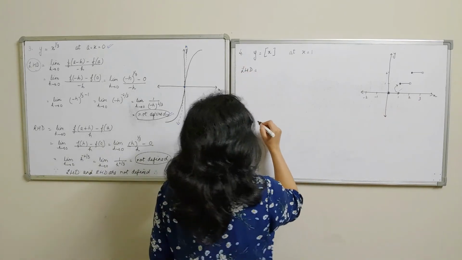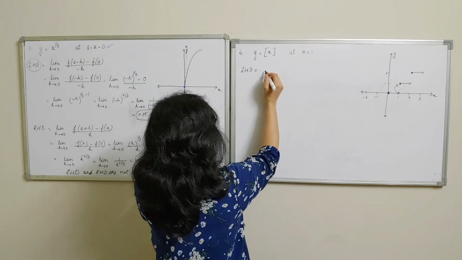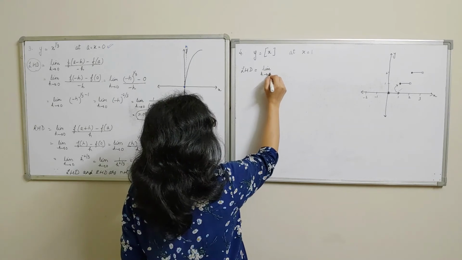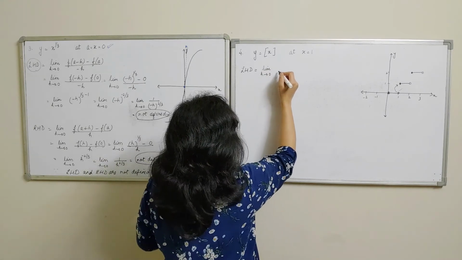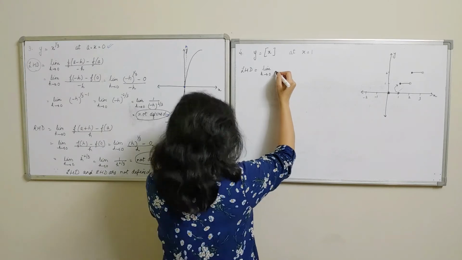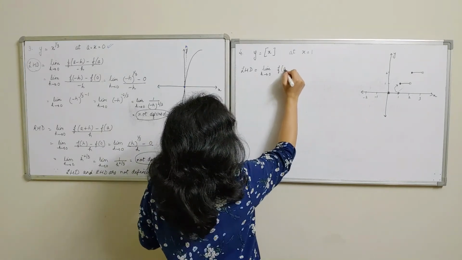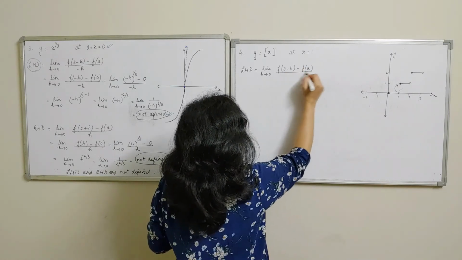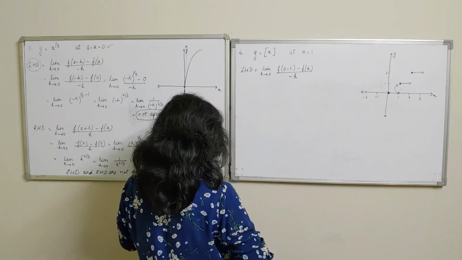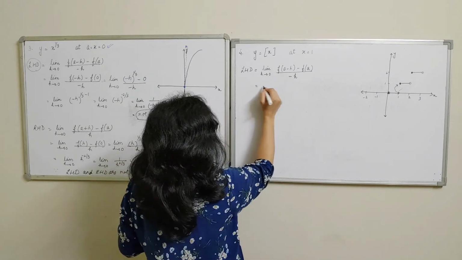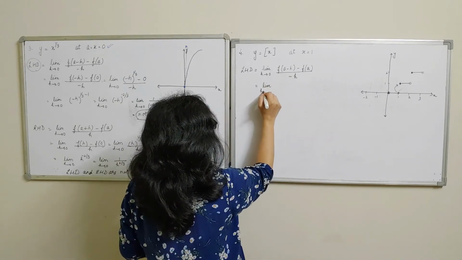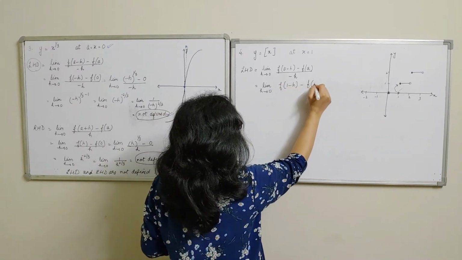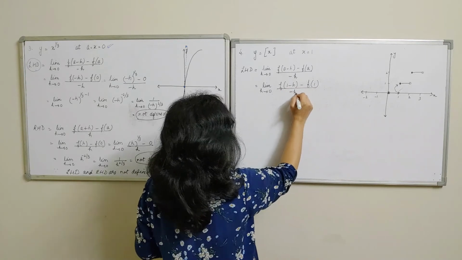The left hand derivative is limit h tends to 0 of f of a minus h minus f of a upon minus h. Now this time our point of consideration is 1, so f of 1 minus h minus f of 1 upon minus h.